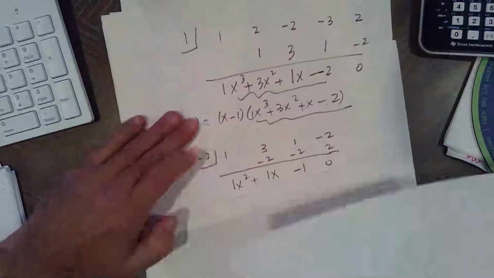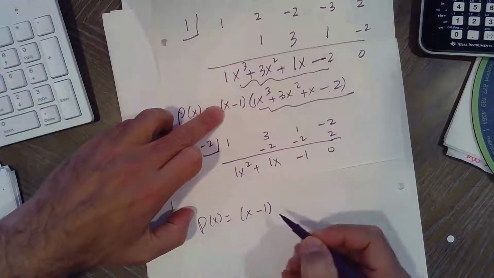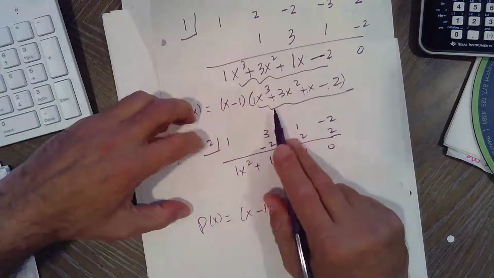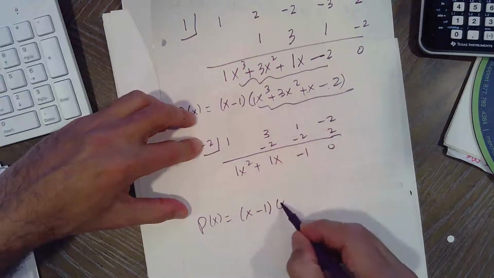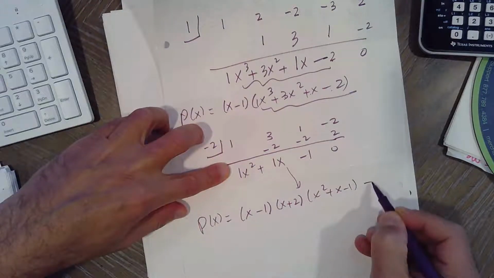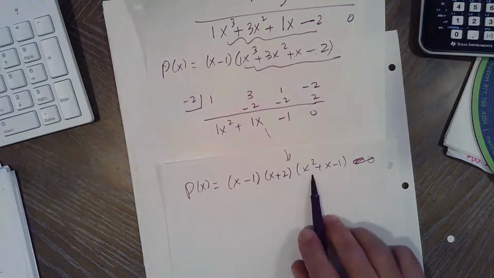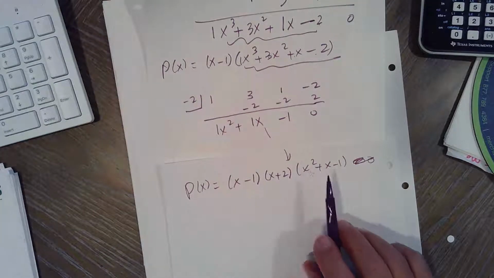So let's break this down. So p of x equals, we got x minus 1 from the first one. Negative 2 is a 0 of this. X plus 2 is a factor, and there's the other factor. Okay, now to find the rest. Well, this doesn't look like it's factorable.